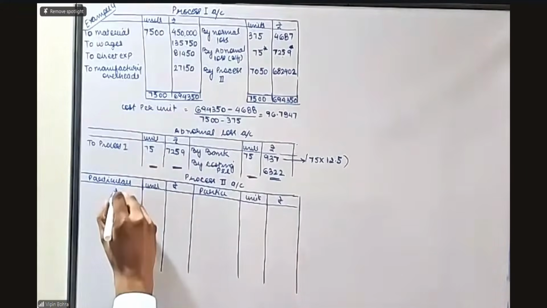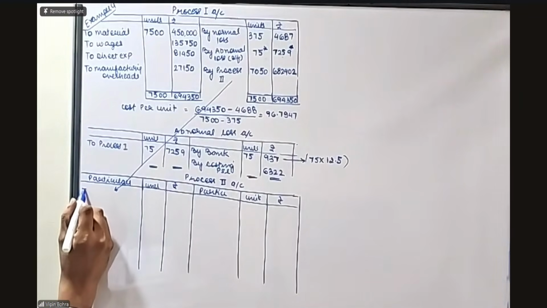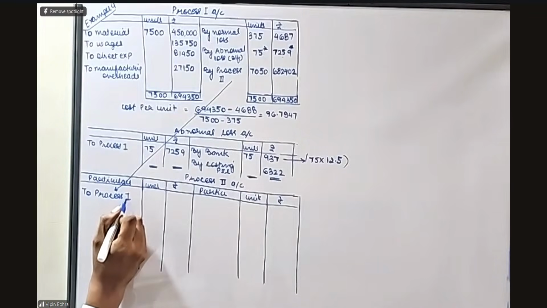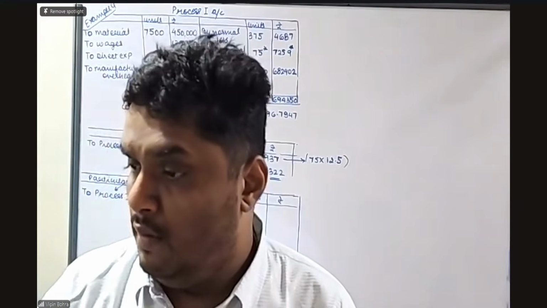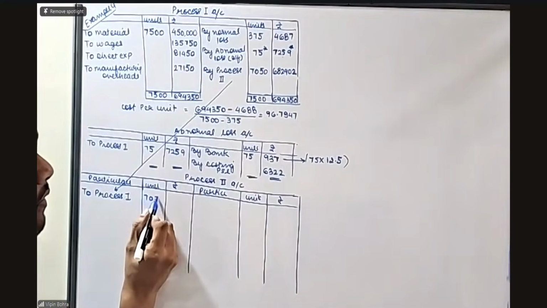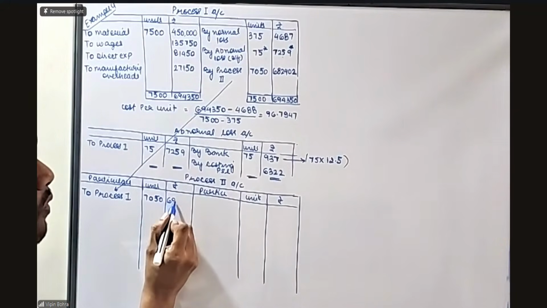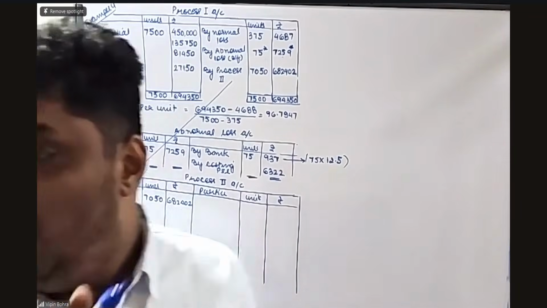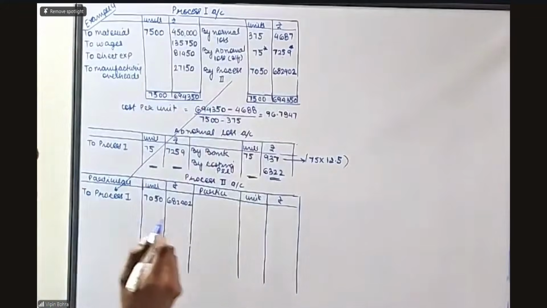So the output of process first will be the input for process second. So it is 7050 units and 682402. Now, when talking about the wages, it is 129,250.